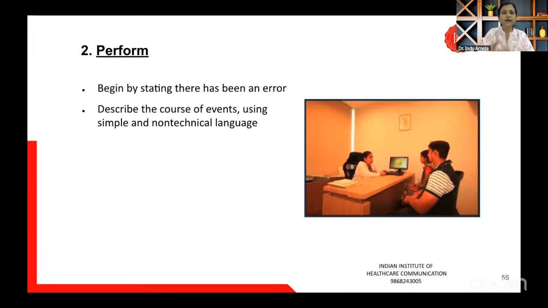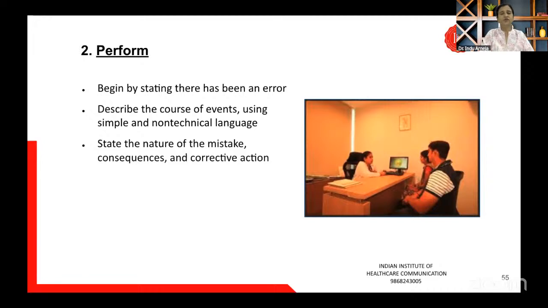Explain how exactly the error happened simply, without blaming anybody. Please make sure that you do not blame your staff, your doctors or nurses. Then it becomes like you don't want to take the responsibility, but want to blame them for the error.